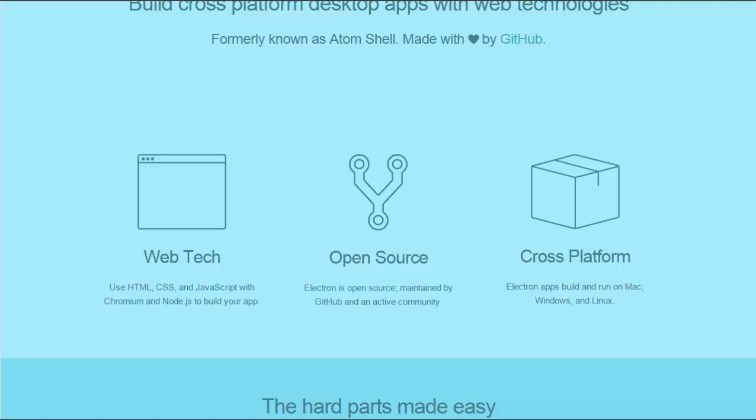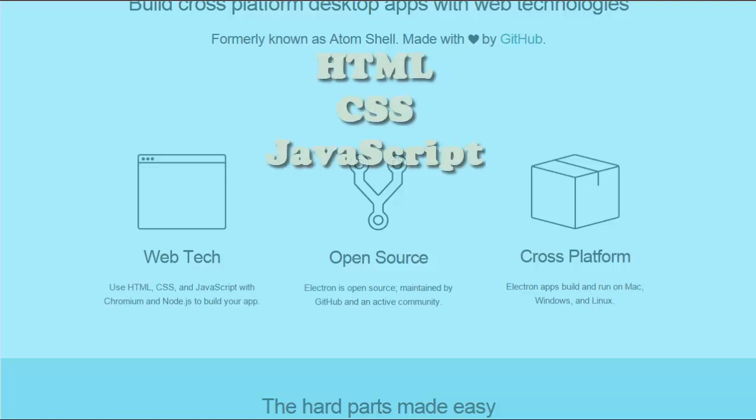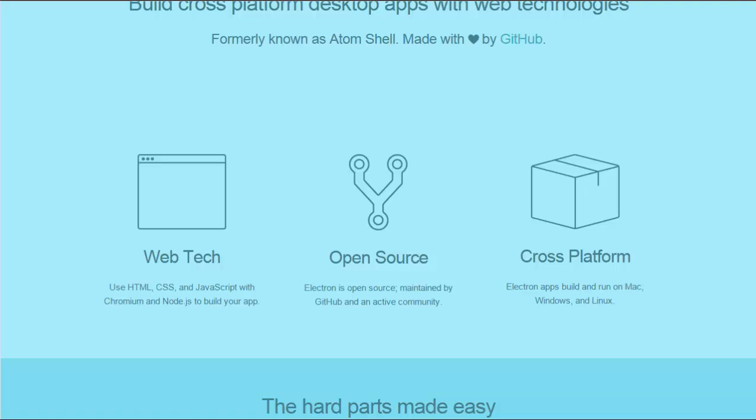So it's the same technology as the Chrome browser. So you can then write your editor in HTML, CSS, and JavaScript, and deploy this thing to each of the platforms and have what looks like a native app on each platform. It also includes Node.js under the covers for any sort of processing they need to do.